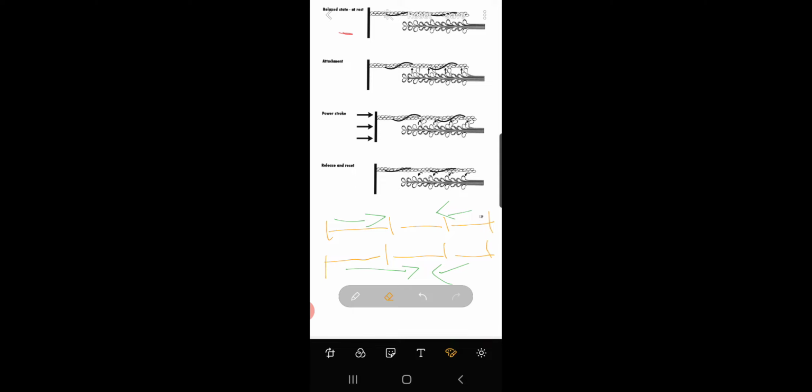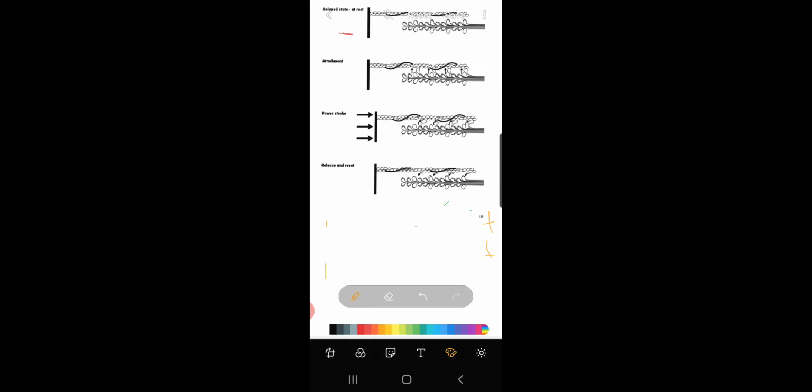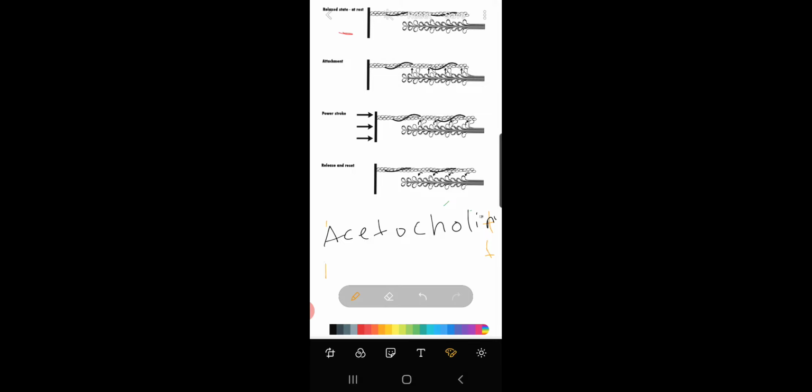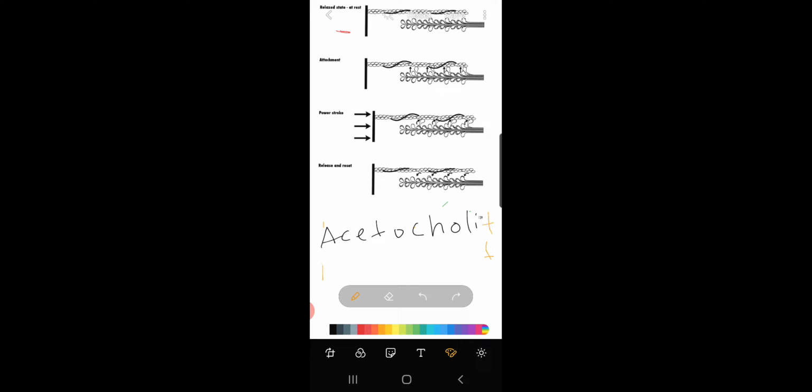If I could spell it, I totally would. I'll try just for you guys though. Acetylcholine. There's an E on the end of that. Let me see if I can draw it. Nope. Whatever. Acetylcholine. You guys get the picture.